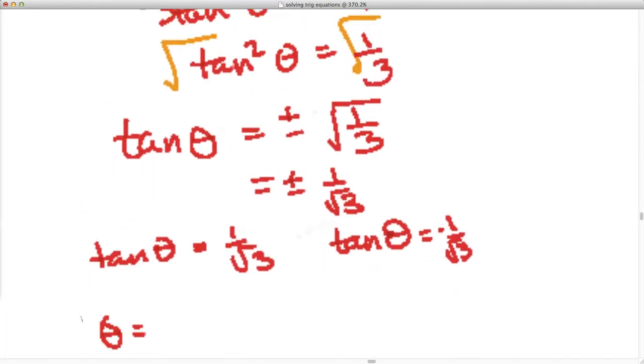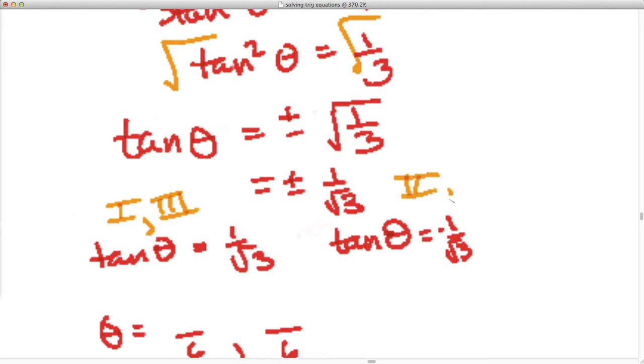And when we take the arctan of both sides, we get rid of the tangent on the left side, and we ask ourselves which one of the angles on the right have a tangent of 1 over root 3 that's positive. And positive is in quadrants 1 and 3, and 2 and 4 would be the negative quadrants.